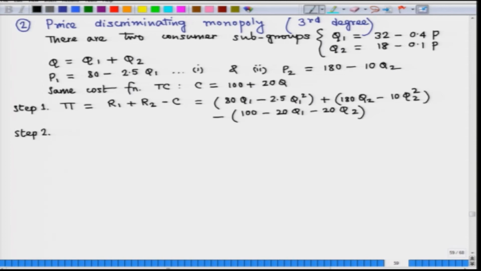Okay. So, now step 2 would be to derive the marginal revenue curves, right. So, here there will be two marginal revenue curves because we are talking about two different markets, and each market has a different demand curve.